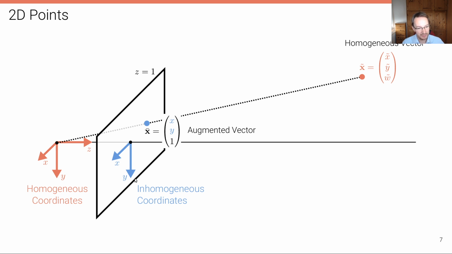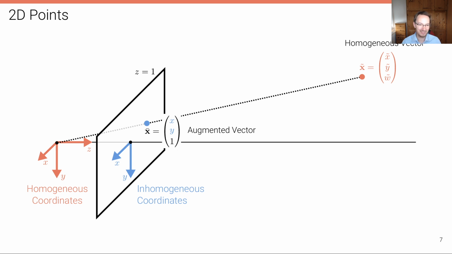And we have this plane here that is a plane in the xy plane of the homogeneous coordinate system, but translated to the location where w is equal to 1. And so if we divide this vector here by w tilde, we obtain this point here that is on that plane, where the line that connects this 3D point and the homogeneous coordinate system intersects that plane that defines the inhomogeneous coordinates. And at that point, we have the augmented vector with the last element being 1.